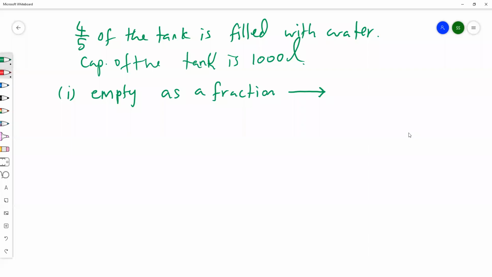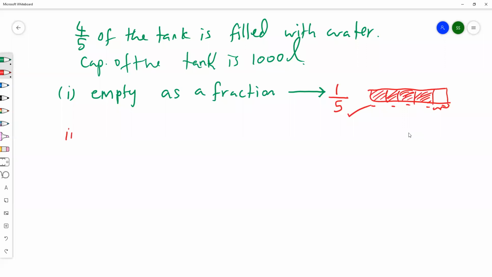Out of five parts, 1, 2, 3, 4, 5, 4 portions are filled. Which is not shaded, which is the remaining part. How many portions are remaining? 1 out of 5. That's how you have to write the remaining part as a fraction, which is not filled with water.